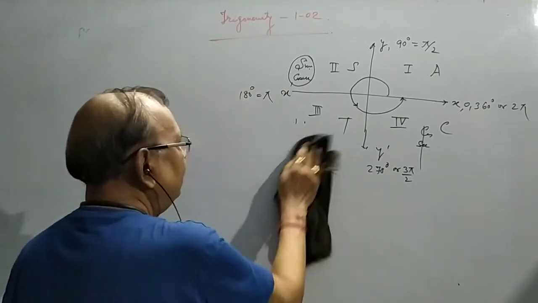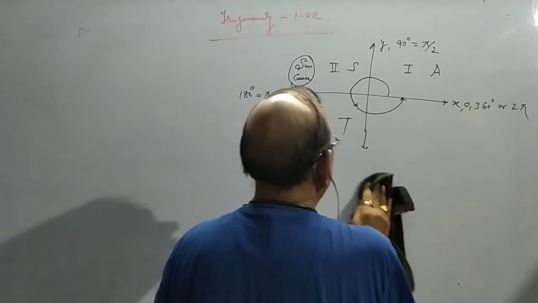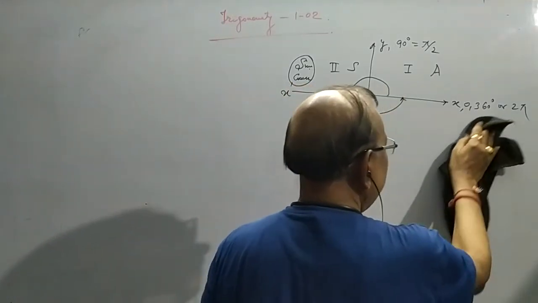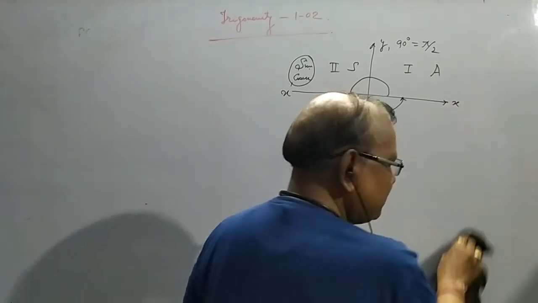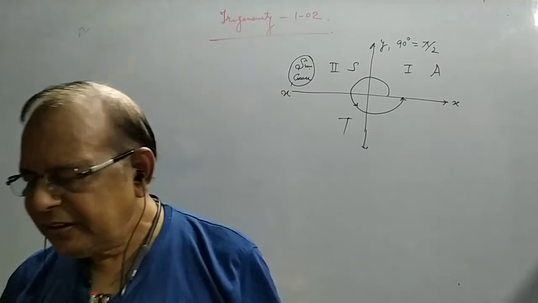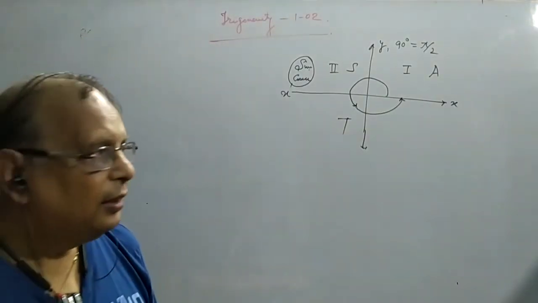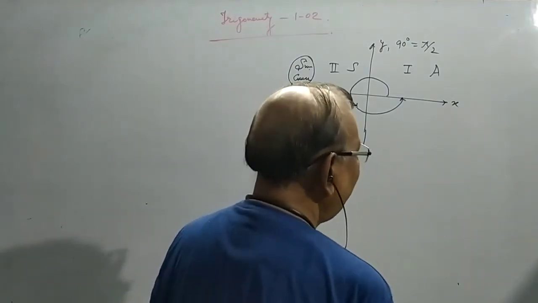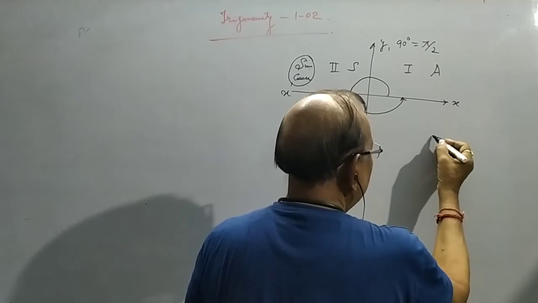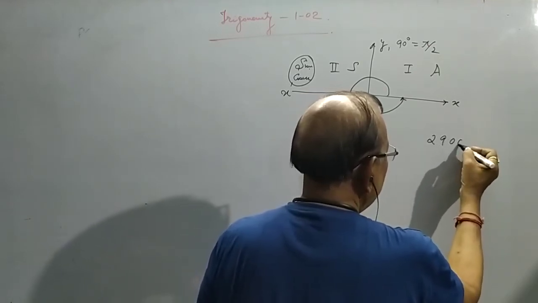Now, if anything goes beyond 360 degree or 2 pi, what must be done? Divide by 360 and check in which quadrant it lies. That is better. Divide by 360 degree and get the remainder. Suppose we have to observe the sine of 2900 degree.